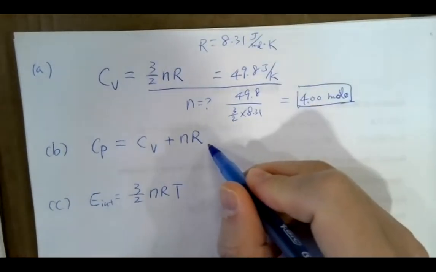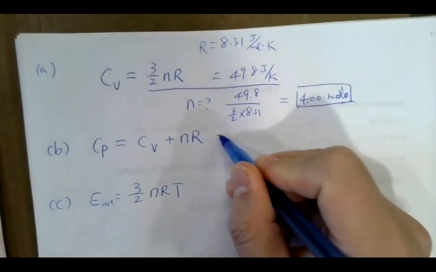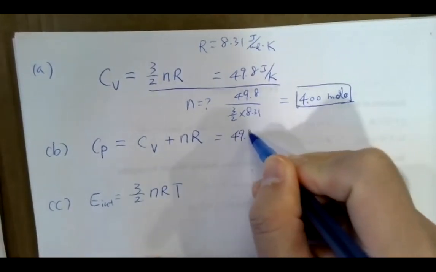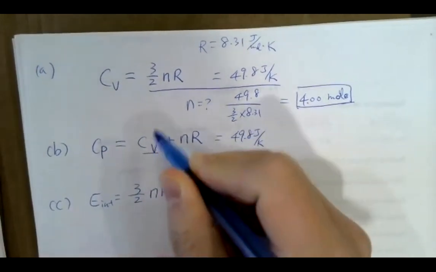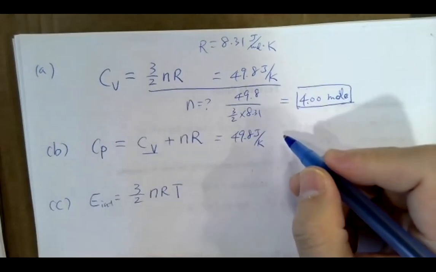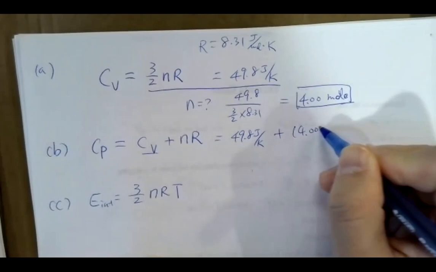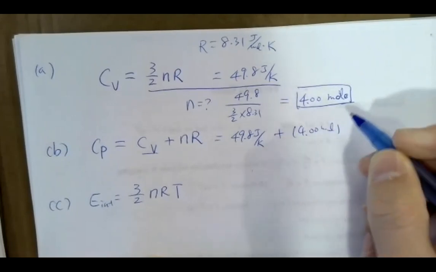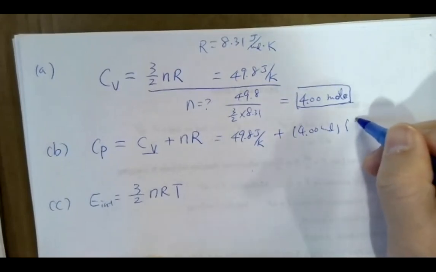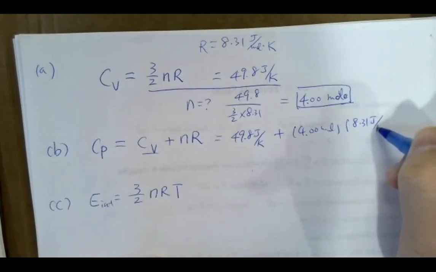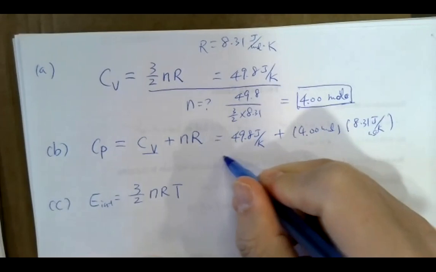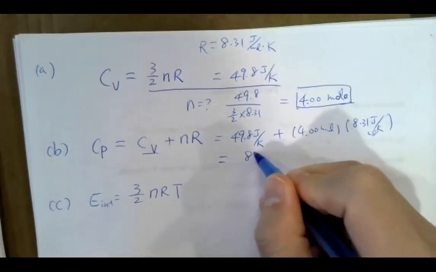All right. Now on this one, this will be just equal to 49.8 now, because that's Cv, plus 4.00 moles, okay, times the 8.31 joules per mole Kelvin, which is about 83.